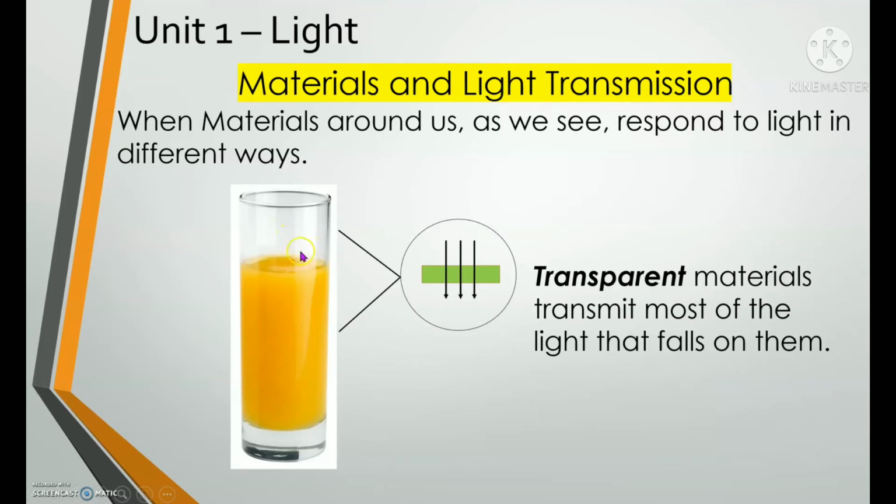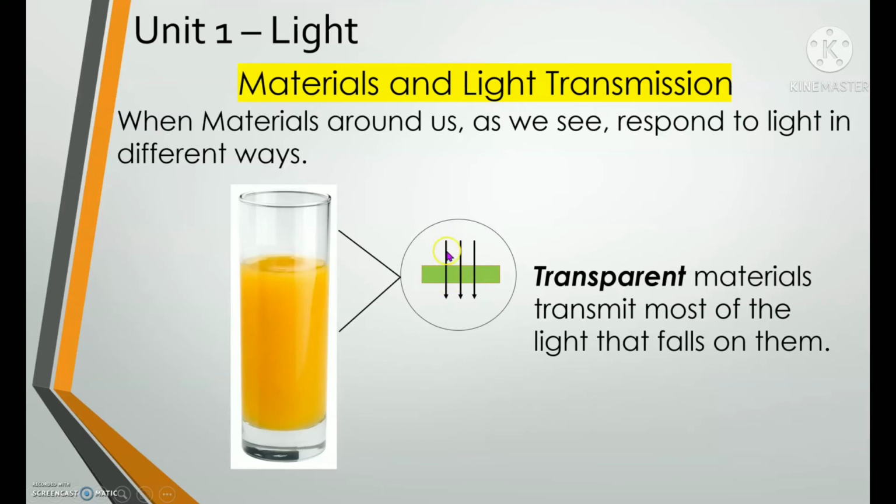Because it's transparent, when the light hits the transparent glass, the light transmits inside. That's why we can see what's inside the glass, which is the orange juice. As you can see in the circle right here, this is the surface of the glass material, which is transparent.